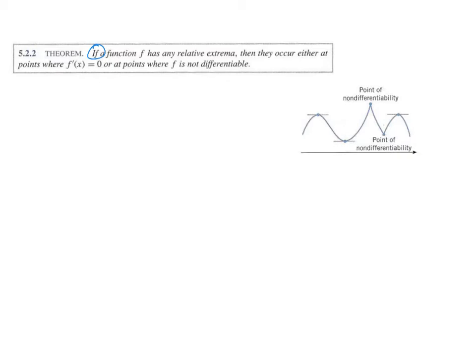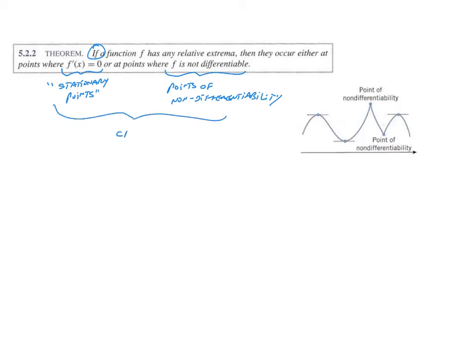We know from today that these points, if they exist, are called stationary points. And these points, if they exist, are called points of non-differentiability. Together, these are critical points, which makes sense because something significant is happening on the function.